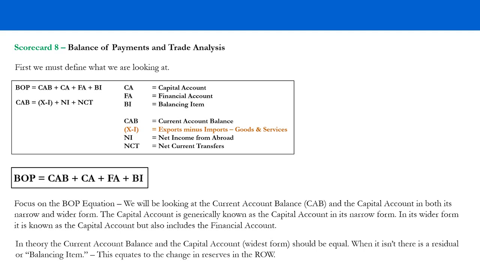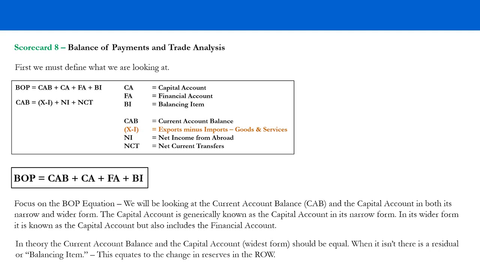Now, a country's balance of payments is the sum of all these parts: the current account balance plus the capital account plus the financial account plus the balancing item. And the current account balance is exports minus imports plus net income from abroad plus net current transfers.